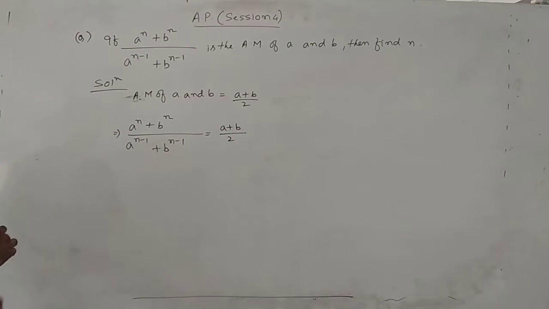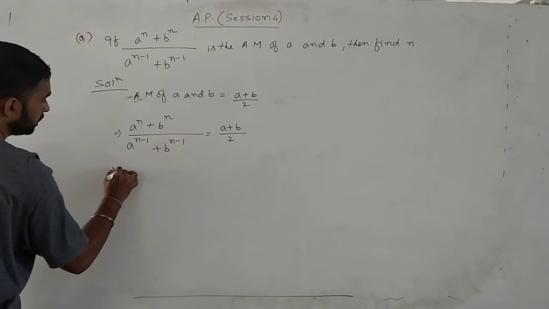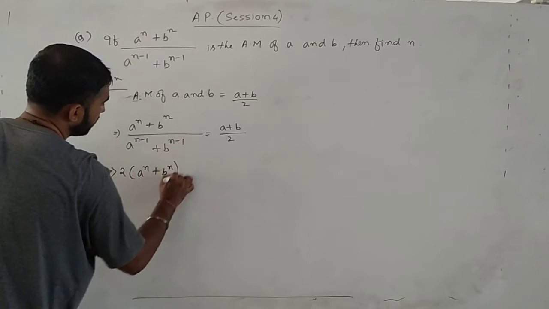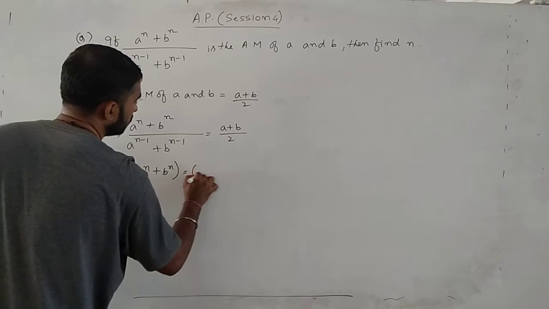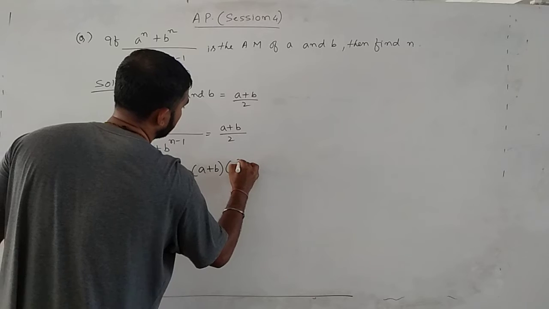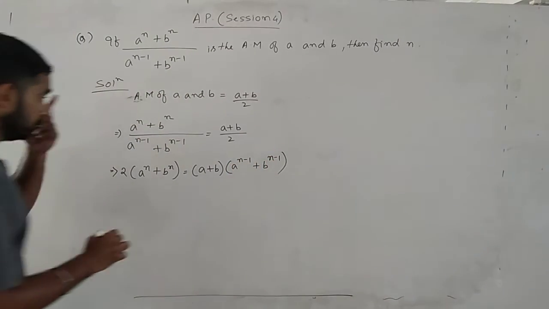Now next step, we will do the cross multiplication. 2 into a to the power n plus b to the power n equals a plus b, whole into a to the power n minus 1 plus b to the power n minus 1.